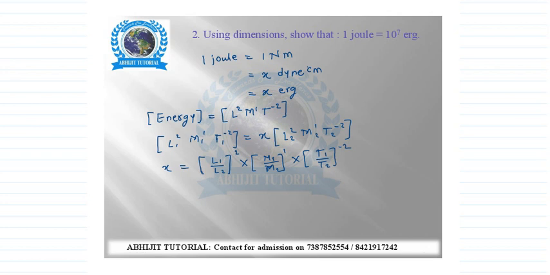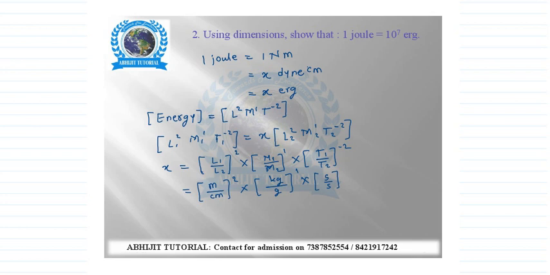Now we will express it in terms of units. For the SI system we use the meter for length, so it is meter upon centimeter, the whole square, into, for mass we use kg in SI and gram in CGS, so kg upon gram to the power 1, into, for time we use second in both cases.